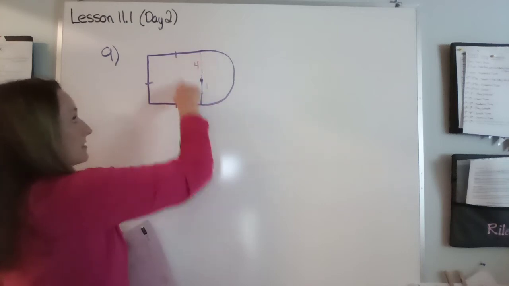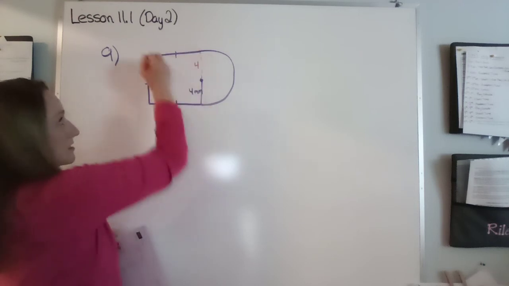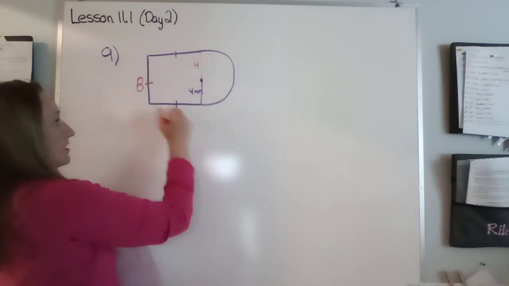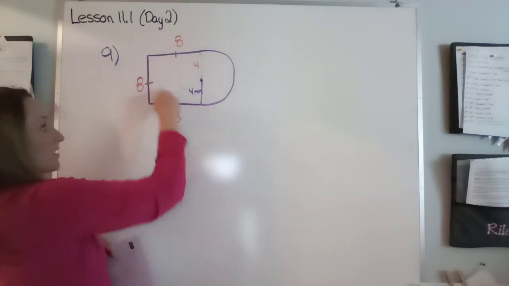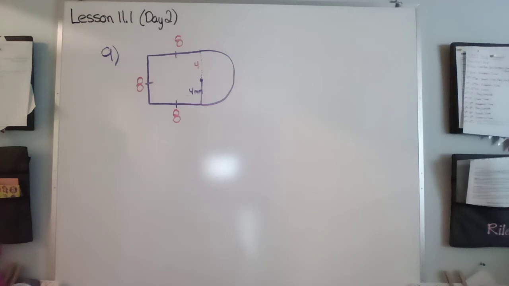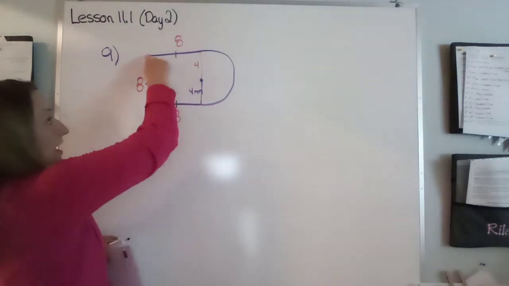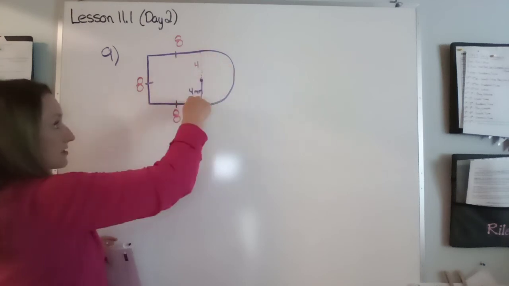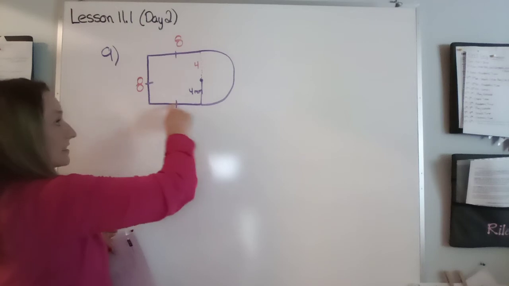So if that length is 8, that means, since this is congruent to this, we have 8, 8, and 8. And since they all three have the same tick mark, that's how I know they're all congruent. Okay, so what you can do is you can picture this as a square and a semicircle. Now we're finding perimeter, so we just need to add all the sides together.